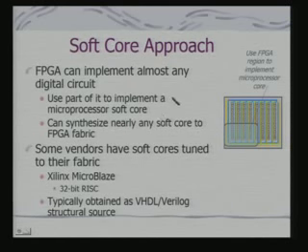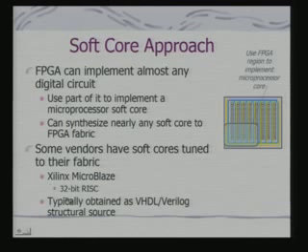So, what we say is that we use a part of the FPGA to implement a microprocessor soft core, and can synthesize nearly any soft core to an FPGA fabric. Some vendors, even when they provide the soft core approach, also provide processors tuned to their fabric. I have just picked up one example, Xilinx MicroBlaze, which provides a soft core for a 32-bit RISC processor.